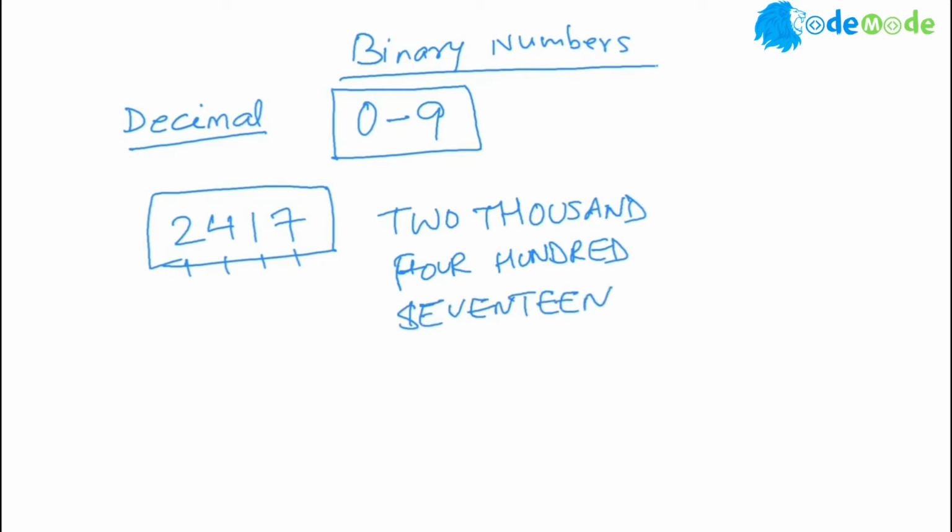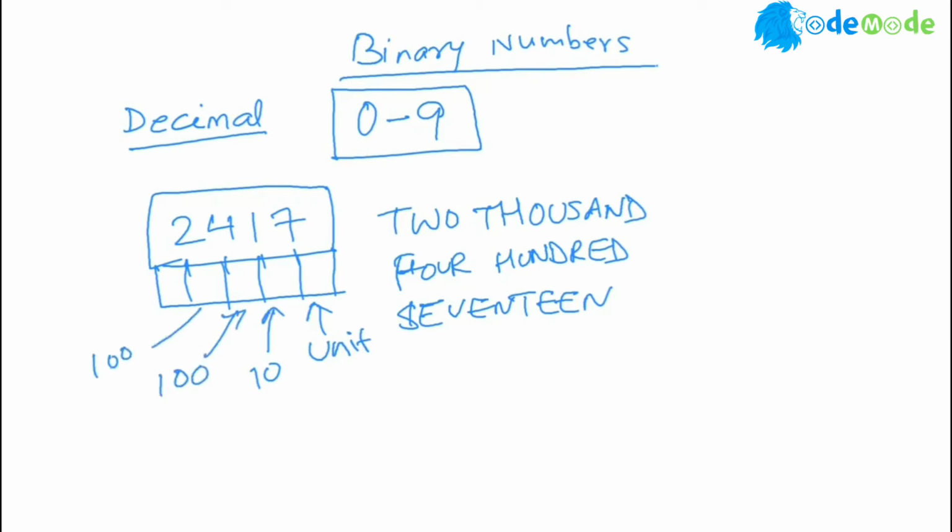But if you carefully look, when you say 2000, each number has what we call a position value. So this is your unit, you already know that. This is your tens, this is your 100, and this is your 1000.